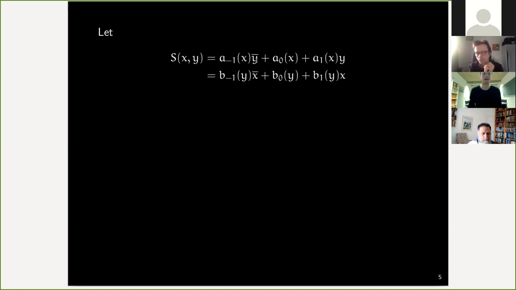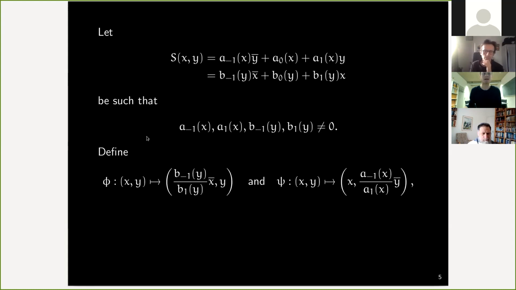So it's a Laurent polynomial in y and in x, and assuming that the coefficients of y to the -1 and y and x to the -1 and x are different from 0, we can define 2 birational transformations which leave this polynomial invariant. And these transformations generate a group. And this group is the first quantity associated with this functional equation.